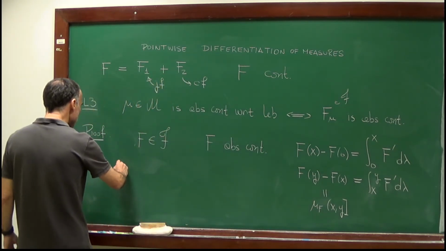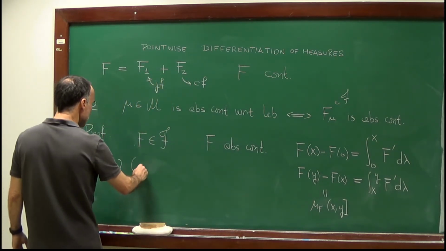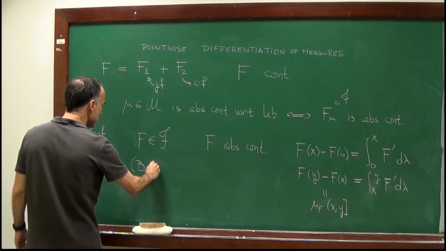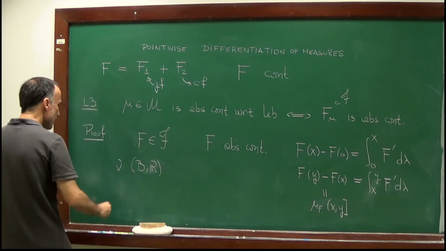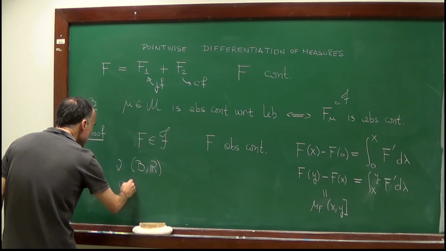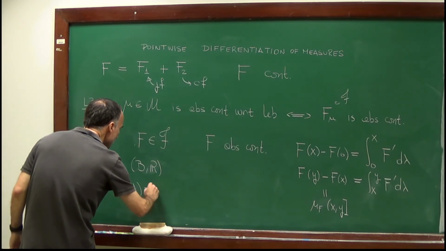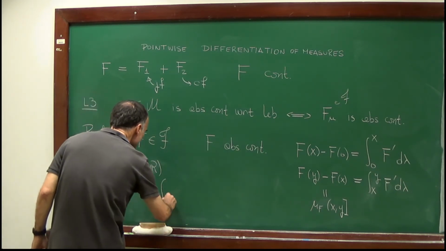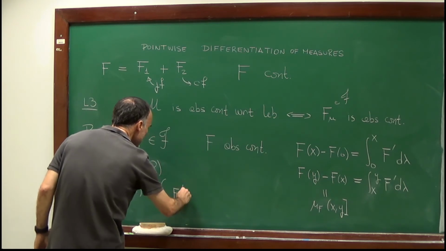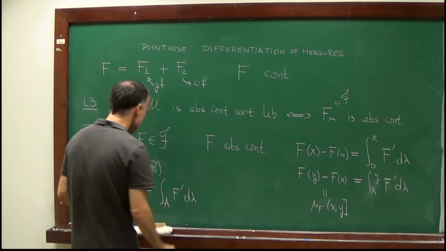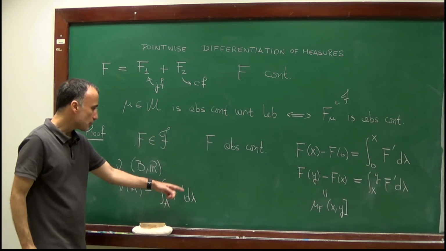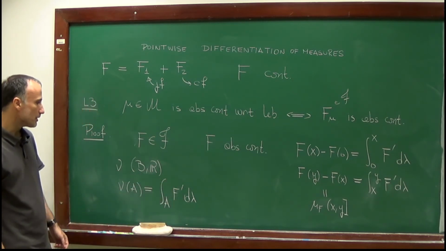So now let me define a measure nu on the Borel sets of the line, and I will define nu of A as the integral over A of f prime d lambda. So this measure nu is absolutely continuous with respect to the Lebesgue measure, right?